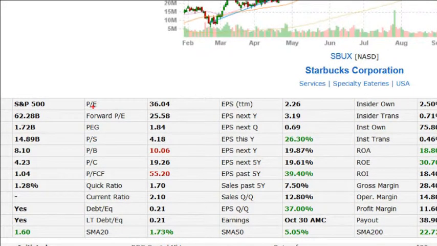Okay? There are 4 numbers that I'm really interested in. PE and forward PE. Okay. A PE ratio is basically the price of the stock divided by the earnings per share. Okay. Price of the stock divided by the earnings per share. And for years, fundamental analysts have used that number to kind of give a normalized value to a stock.